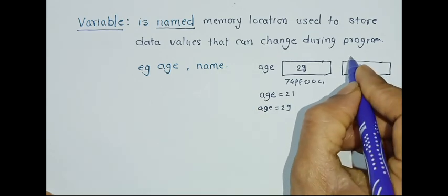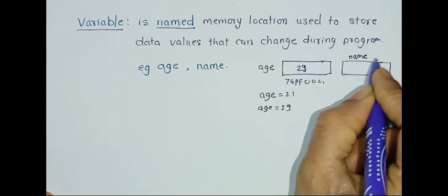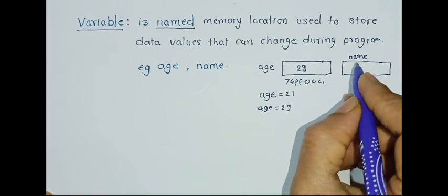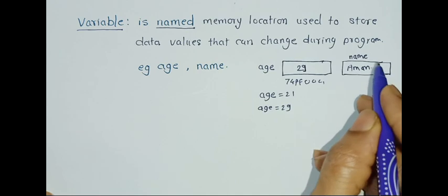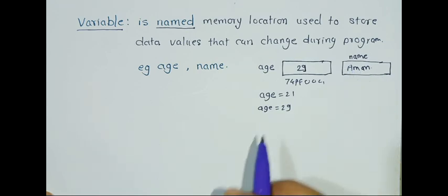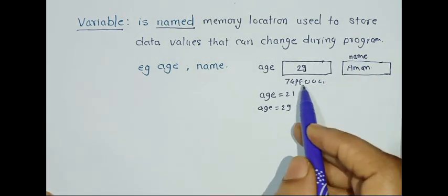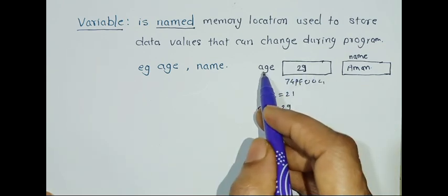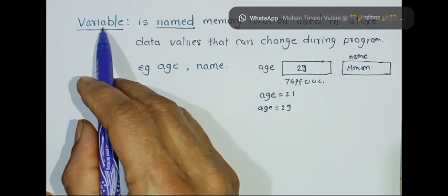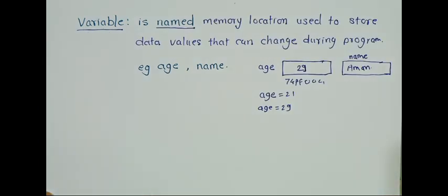If you want to store a name, we give a name to that memory location. So any name we can store, and if you want to change it, you can change it using that variable. Instead of remembering the long address of that memory location, we are giving a name to that memory location. That is called a variable. Got it?